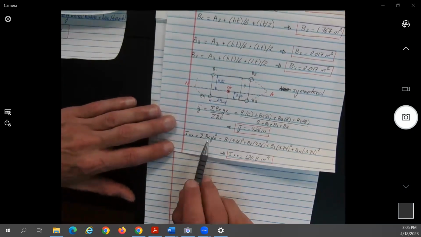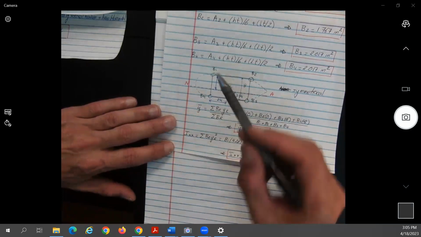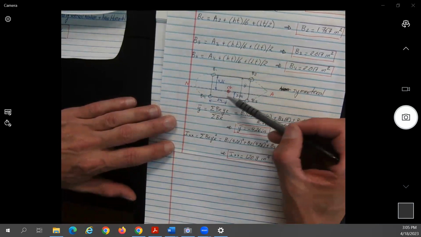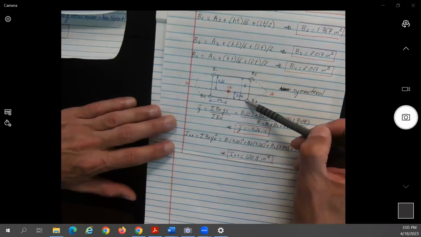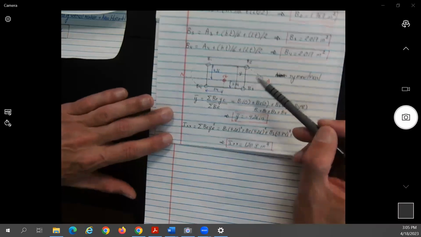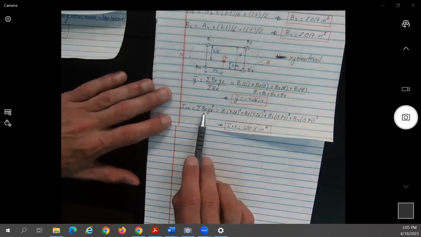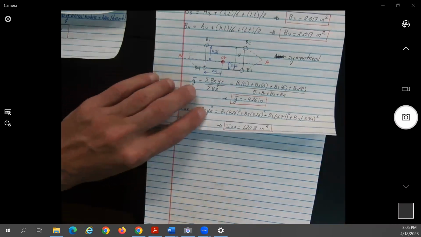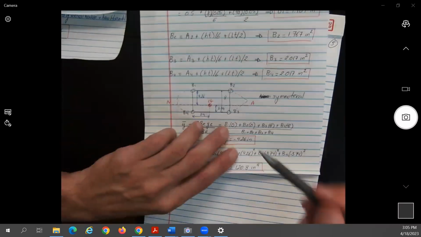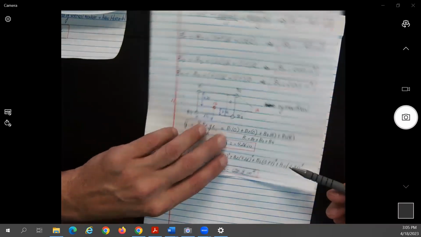If you look at the IXX about this axis, we are assuming that the I of each one of these members here is actually 0, because we assume it's thin. And then what we're doing is moving this one to here, which is what this term is doing. This is the second term of the parallel axis theorem. Does that answer your question? Yeah. And we're doing the same thing over here, but for these members, no? Okay.